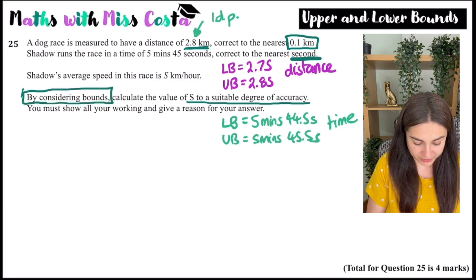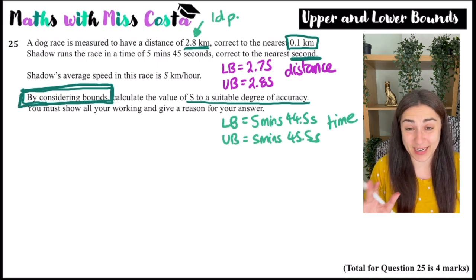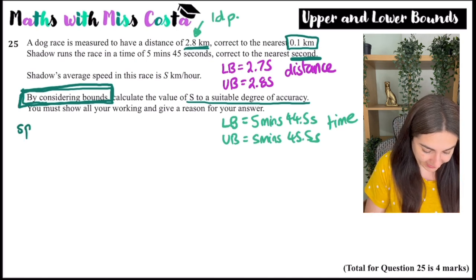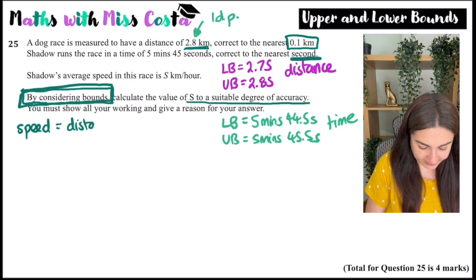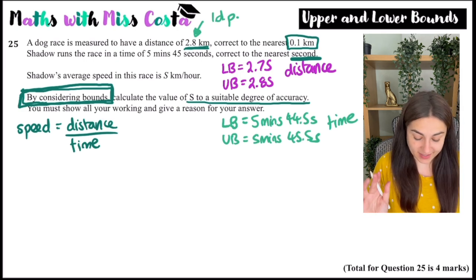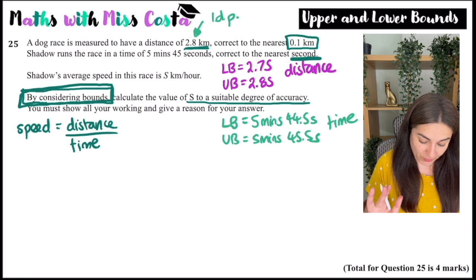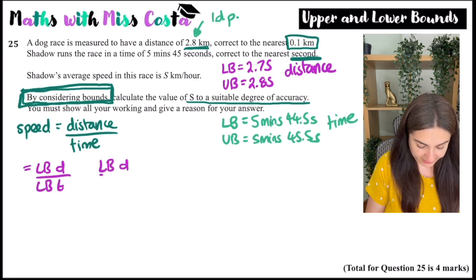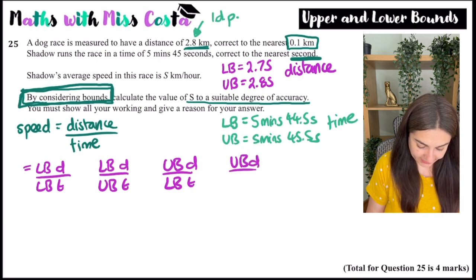Now, whenever you see this question, and obviously this is quite last minute, what I'm going to tell you to do, if you have the time, is just work out each possibility. So for instance, in this case, how do you work out speed? Speed is distance over time. So you're going to have 4 answers. You're going to have lower bound of distance divided by lower bound of time, lower bound of distance divided by upper bound of time, then upper bound of distance divided by lower bound of time, and upper bound of distance divided by upper bound of time.